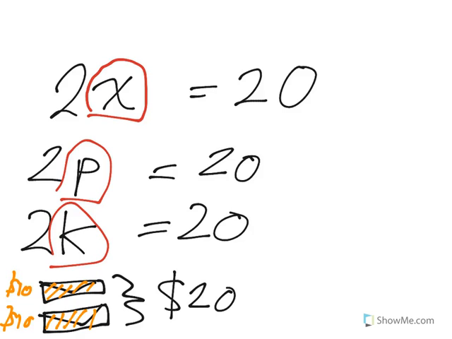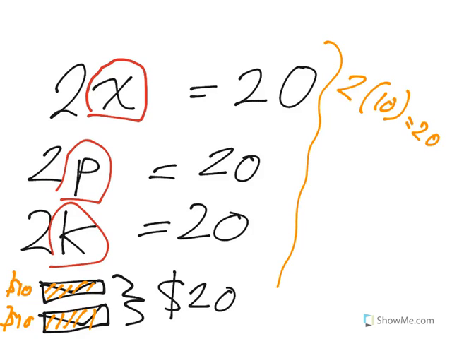Why is 2 multiplied by 10 equal to 20, and 2x means 2 times x? Good question. 2 multiplied by 10 equals 20, yeah?